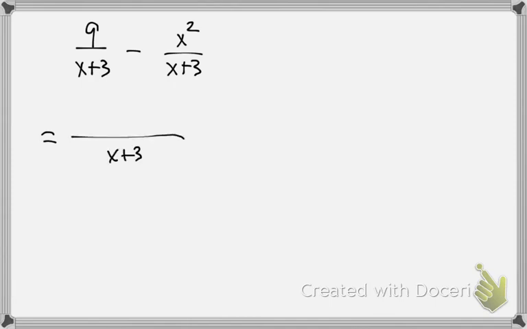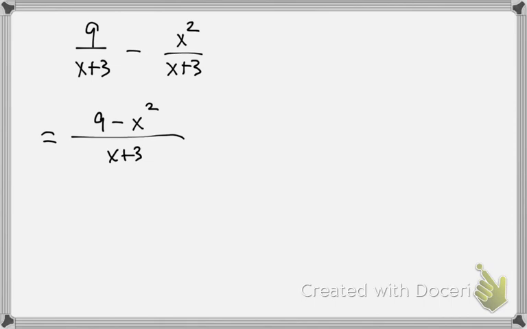What if I give you 9 over x plus 3 minus x squared over x plus 3? I'm subtracting rationals, right? Do I have a common denominator? Yes. Then you put everything over the common denominator and all the action goes to the top. So what do we have? 9 minus x squared. You guys agree?